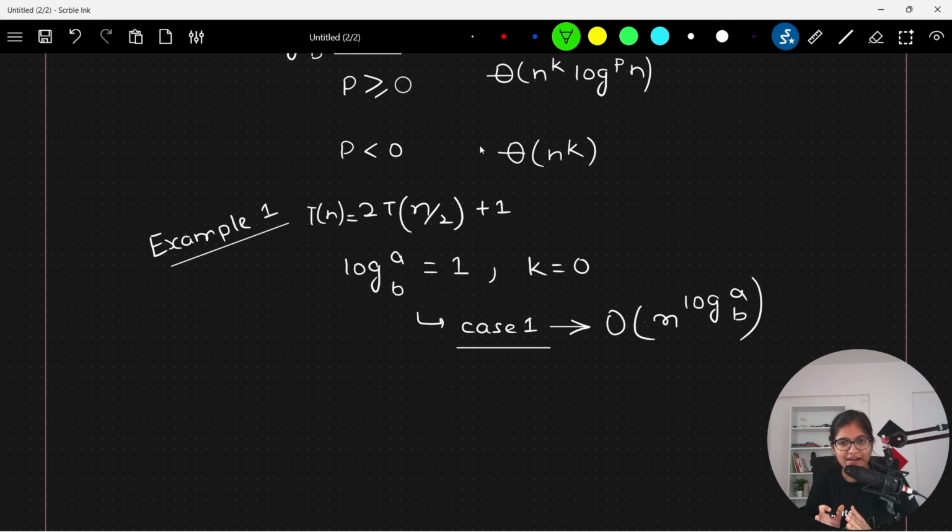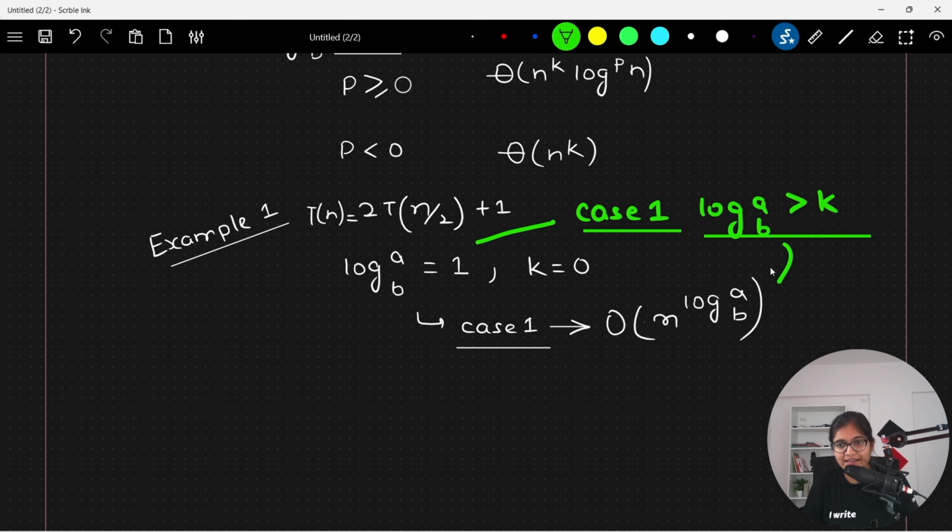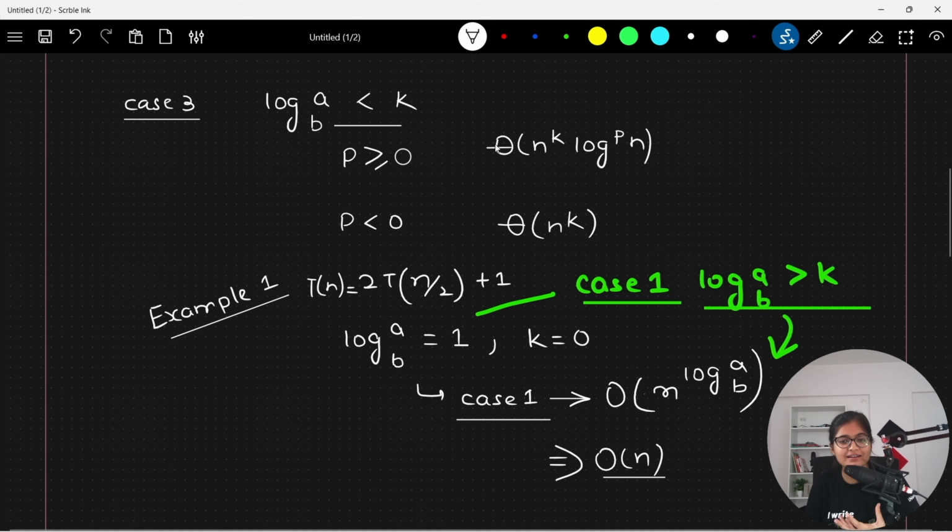Once you get an understanding of that, here it is falling under case number 1, where the value of log of a base b is greater than k. In this case, you can write your result directly as n to the power log of a base b, or I can say the result will be order of n, because the value of log of a base b is equal to 1 here. So that's why you will be able to get a clear-cut answer.